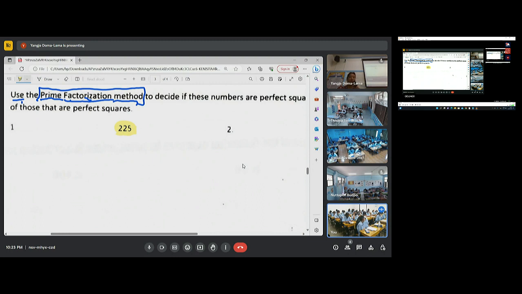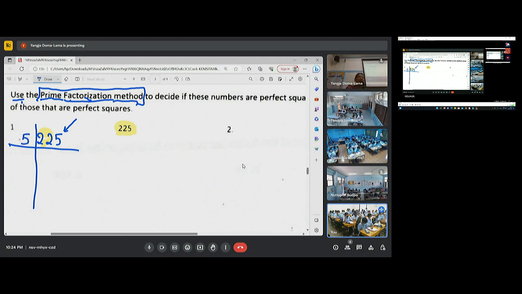225. Okay? How do you prime factorize? We prime factorize 225. So look at here. What is the last number? 5. If the last number is 5, the best way to factorize is 5.